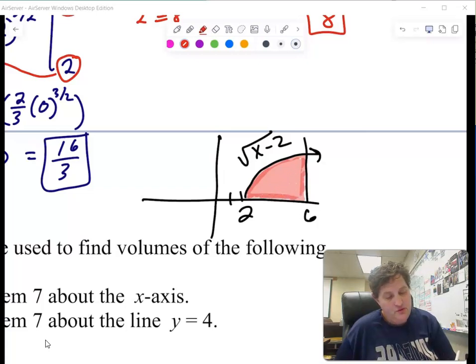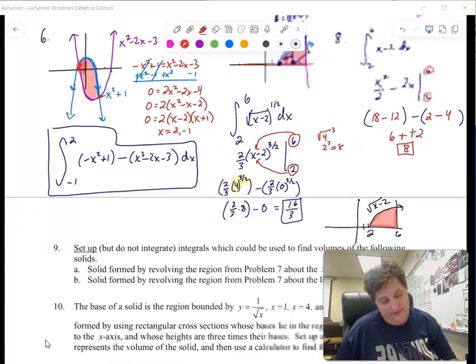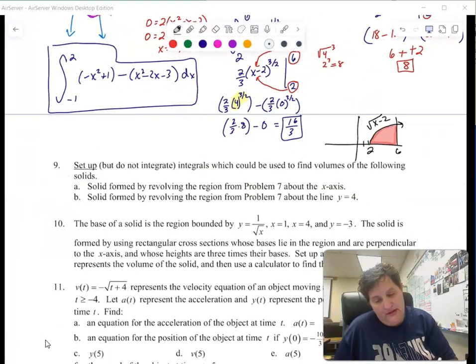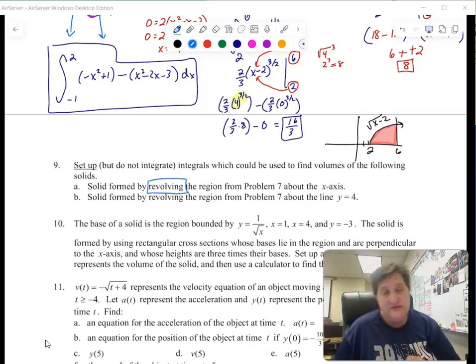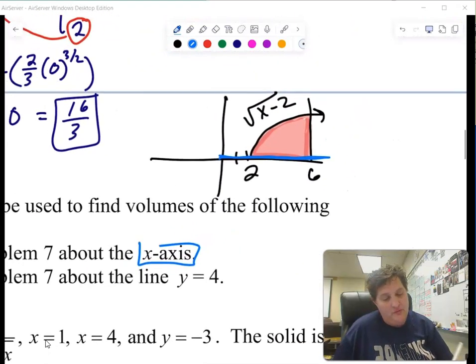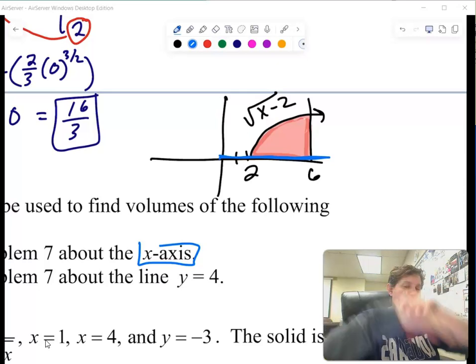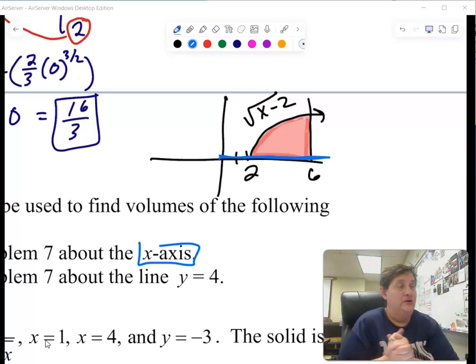So now what we're going to do is revolving. Revolving is different. You guys remember revolving is pi r squared. Right now we're going to revolve around the x-axis, which is here. Remember that when the boundary line comes straight up to the x-axis, this is a disc, not a washer.